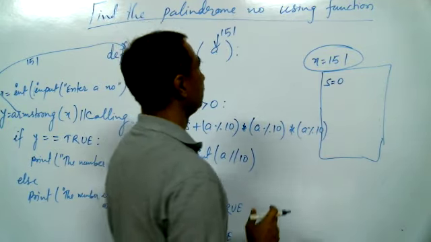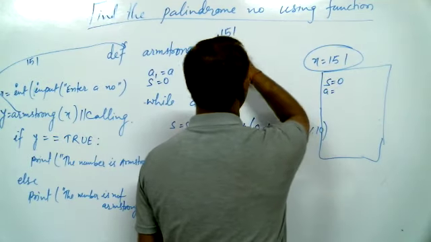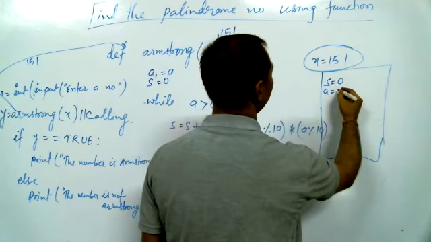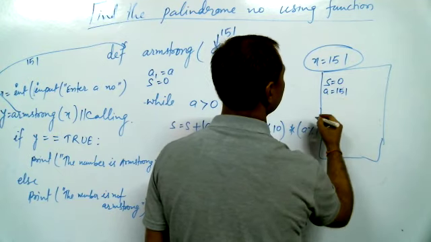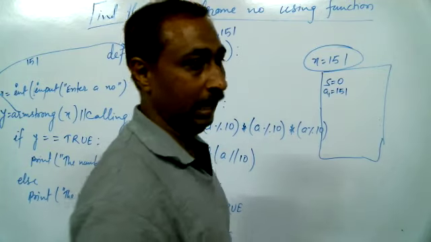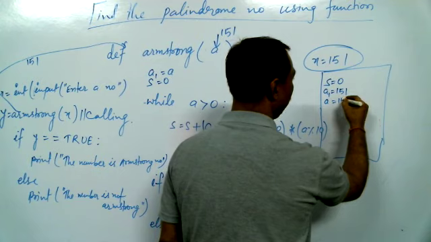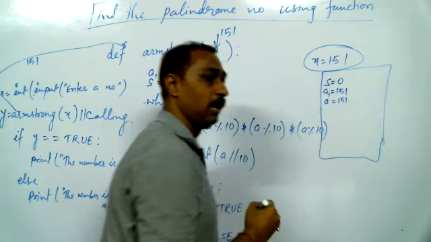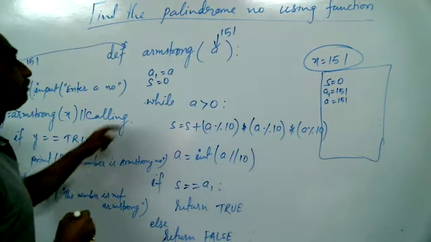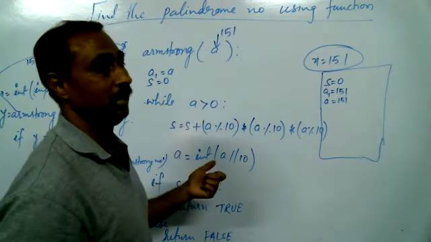So here s equal to 0 and a1 will become a, and a is having 151. A1 is the copy of a, so a1 will also be having 151 and a will also be having 151. After that a while loop is running until a becomes 0.